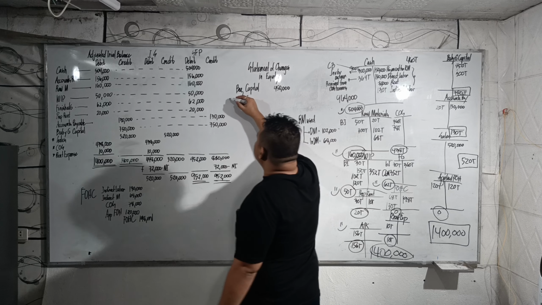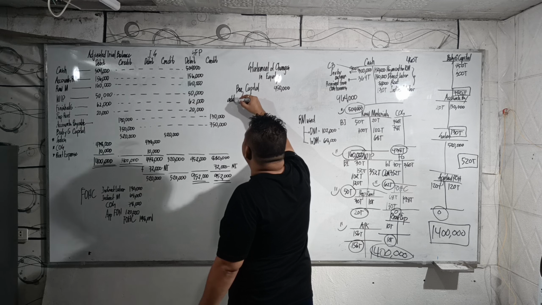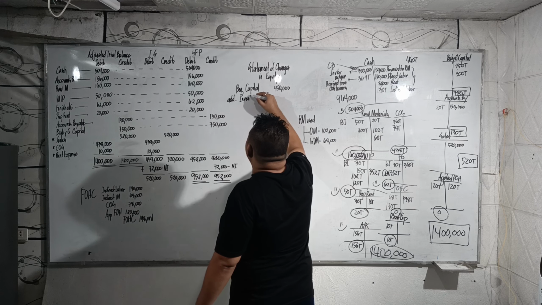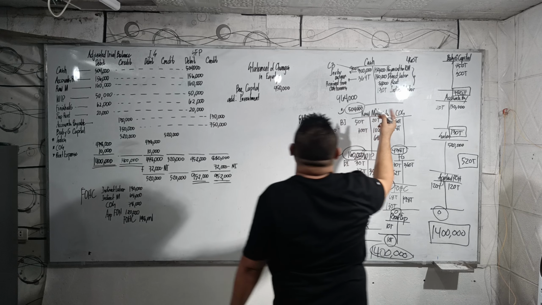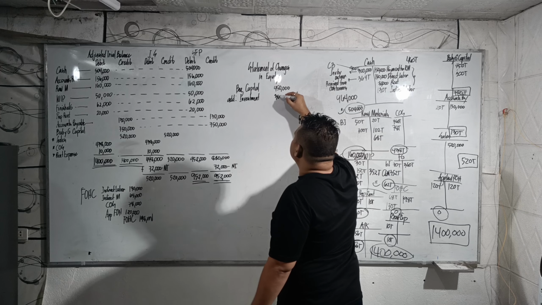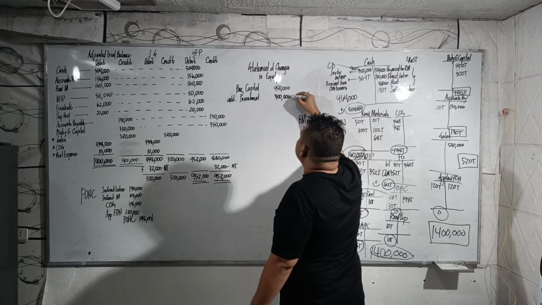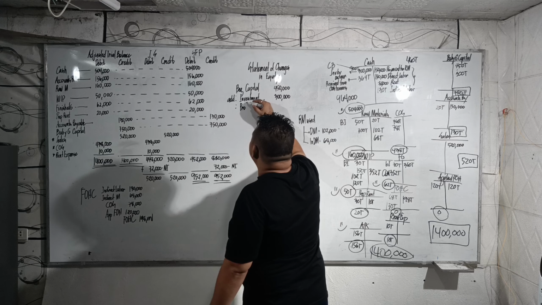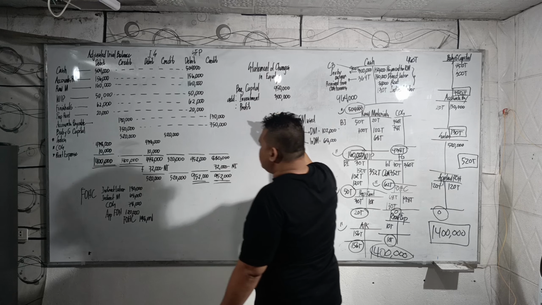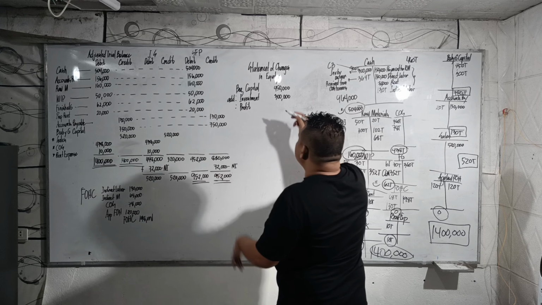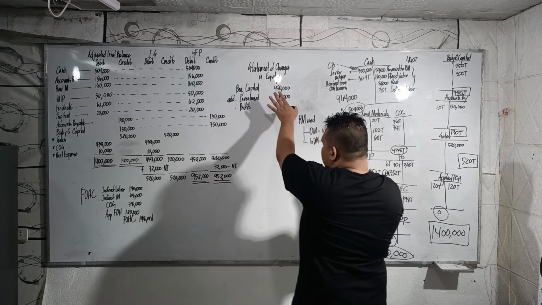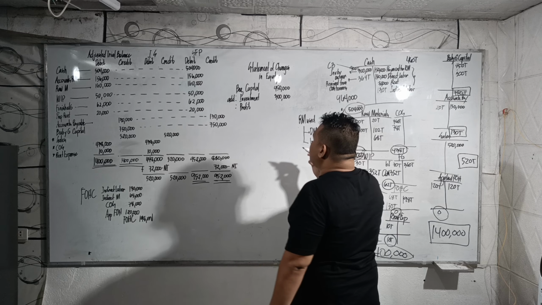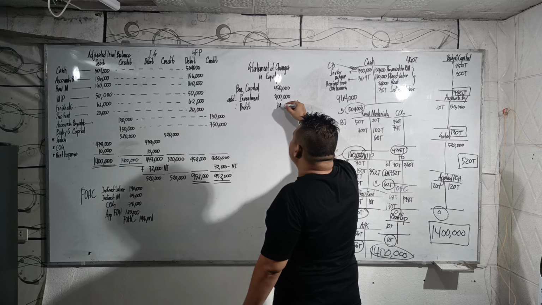And then you have to add, if ever, there are additional investments, in which, in this problem, we have an additional investment of 300,000. And aside from that, we have to add the profit. The profit that we have been talking about is 72,000. That is coinciding with the income statement that we have erased a while ago.